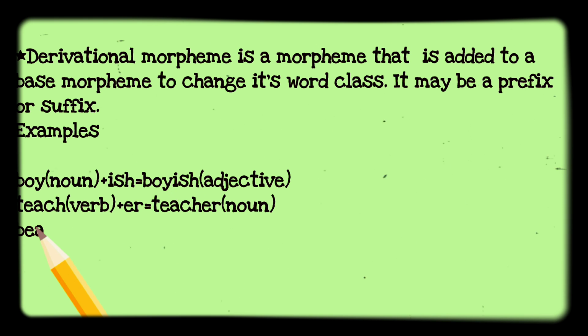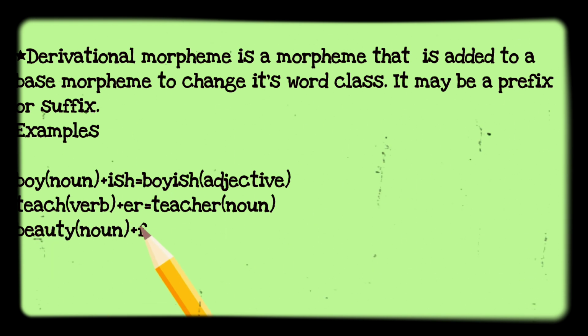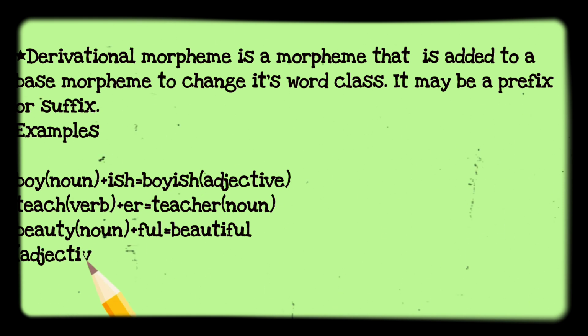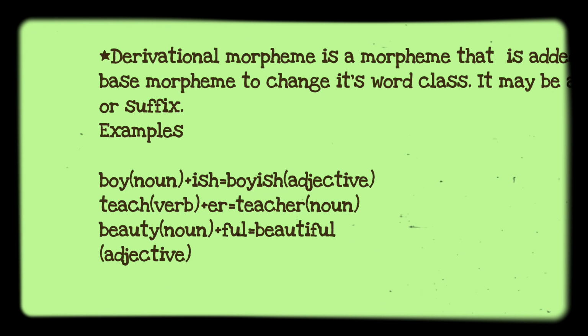Teach is a verb; ER added to teach becomes teacher, a noun, and it has changed its word class. When we take beautiful, for instance, beauty is a noun, and FUL added to beauty becomes beautiful, an adjective.